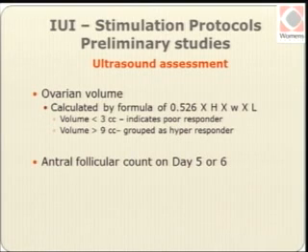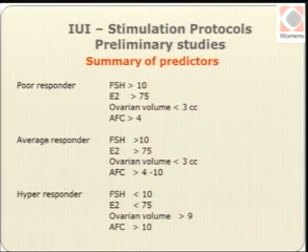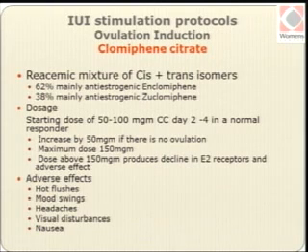Volume of the ovary: the lesser the volume, it could be a poor responder. Very high volumes can be grouped as higher responders. Antral follicle counts, of course, help very much in making your decision. So you make a summary in your own mind of all of these values and decide whether your patient is a poor responder, an average responder, or a hyper responder.